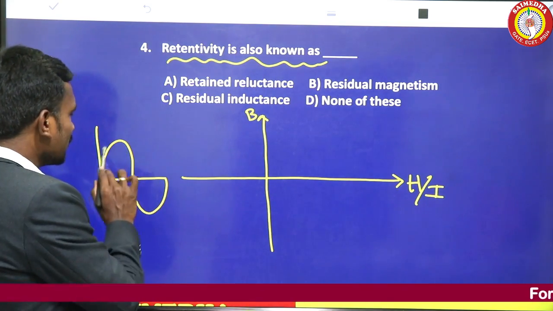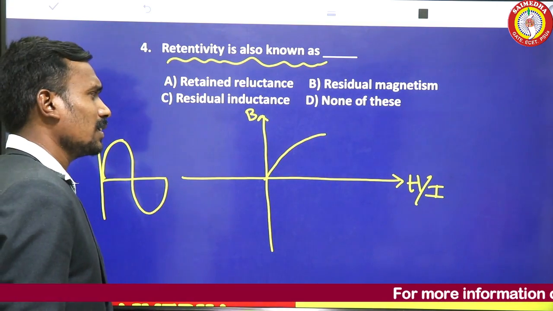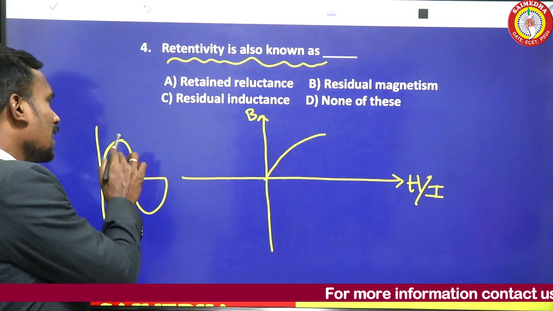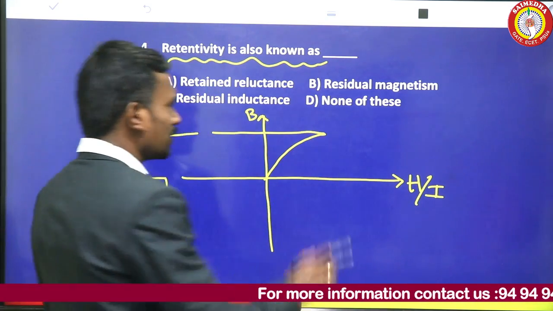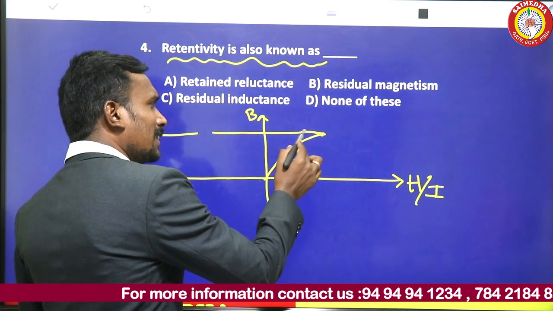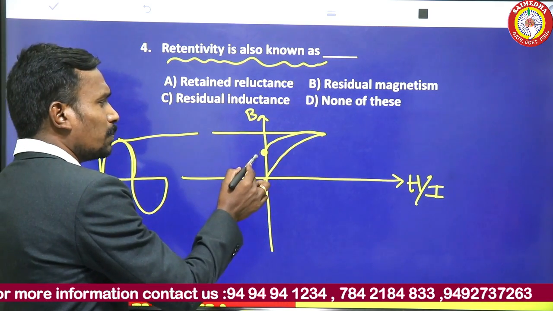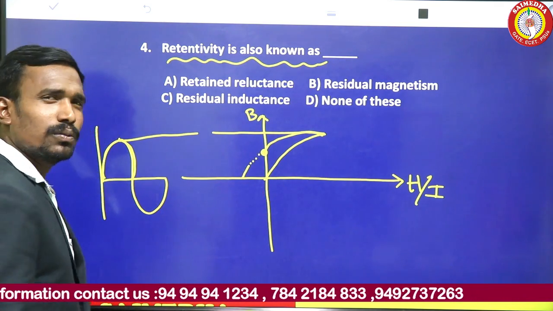When the current is increasing, this is magnetizing. Then after magnetizing up to this, then demagnetizing, but in this way it is not supposed to go to zero.